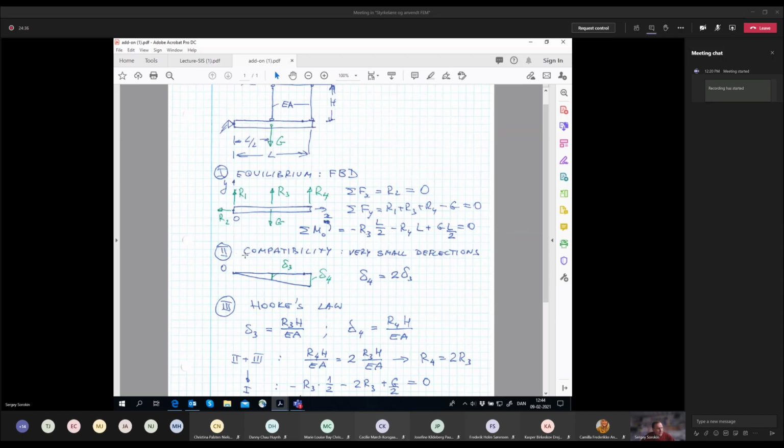And what is presented in this number 2, this compatibility, is awfully exaggerated. In reality, if you have these ropes of the length h, let's say 1 meter, then this delta 3 and delta 4 will be something like 0.1 millimeter, maybe 1 millimeter. So they are very, very small. And the physical explanation for this is that we have very high Young's modulus and relatively small ultimate strength.